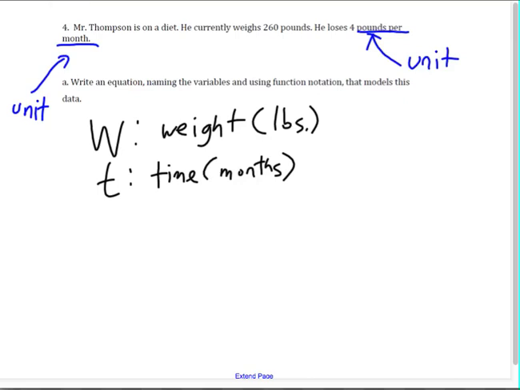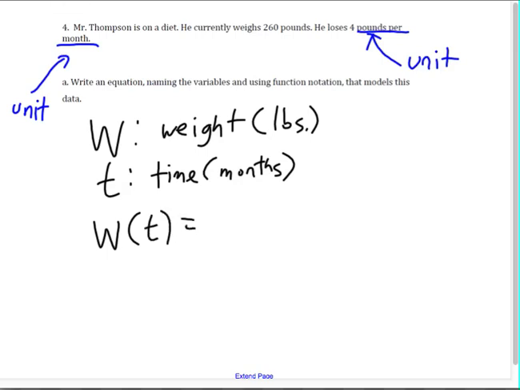Now, this is a special case, and this is always something you should think about given the slope. If I'm losing 4 pounds a month, is this a negative or positive value of the slope? Losing 4 pounds a month. It makes sense that it's negative, right? So in this case, the slope is, I don't know why I wrote F, that doesn't make sense.